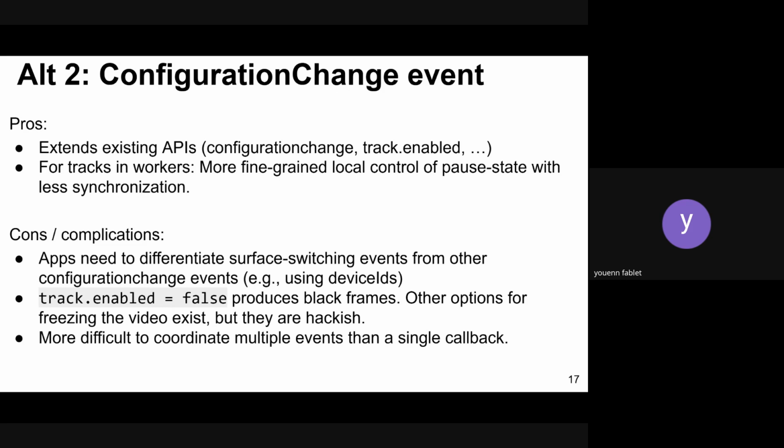Yeah, that's what I was actually aiming at: freezing the video might be hackish in both ways. At least in some use cases, you cannot freeze the video at the source level, because that's not what you want. You want only to pause the sending from a specific track to a specific destination.